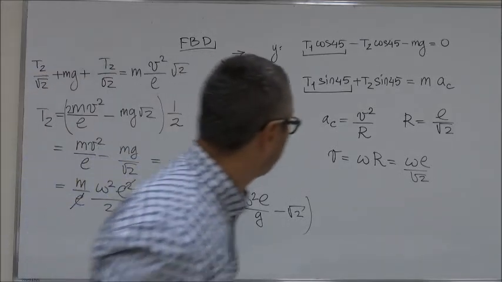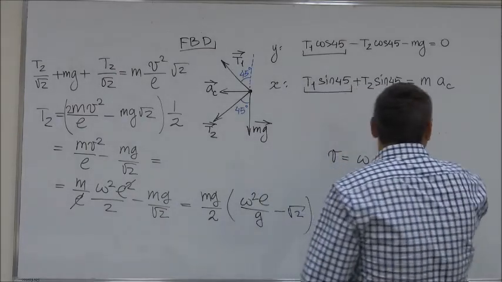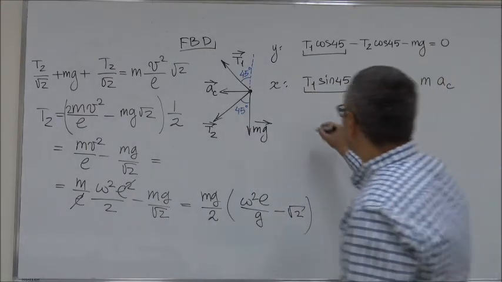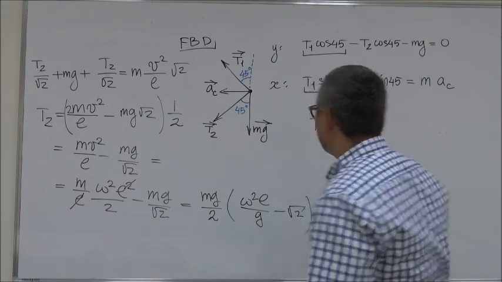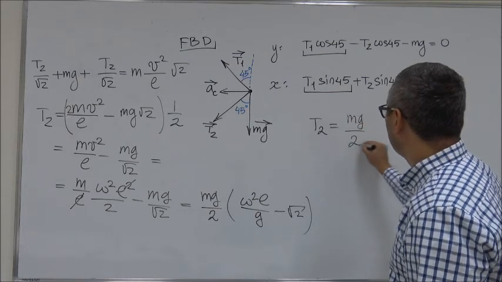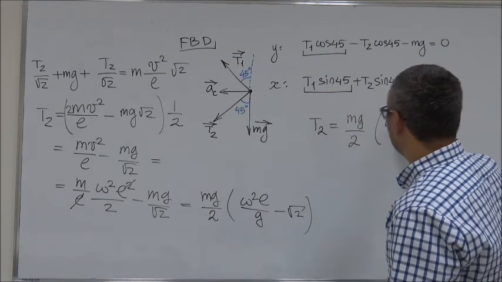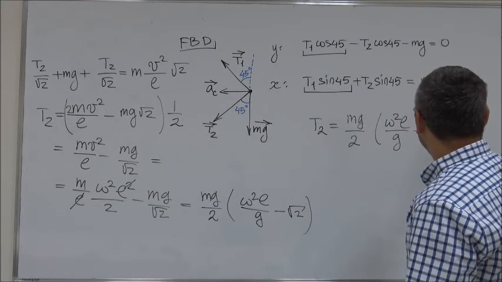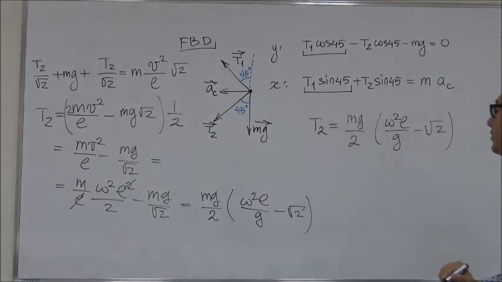So we can write it down here: T2 equals mg over 2 times omega squared L over g minus square root 2.